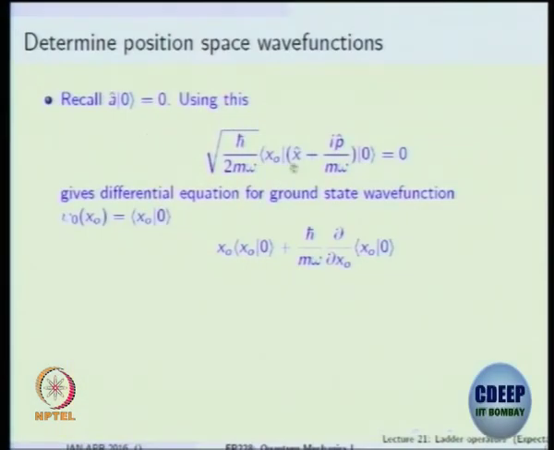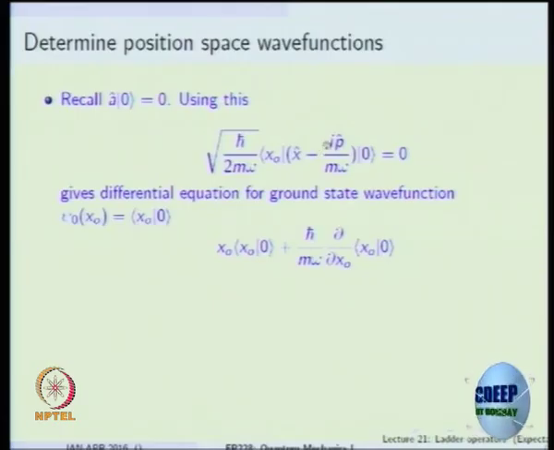Okay, so this also we went through: take the inner product with x naught on the state and write this as a first order differential equation now. The first order differential equation in the position representation for the momentum is del by del x naught, with minus i h cross.